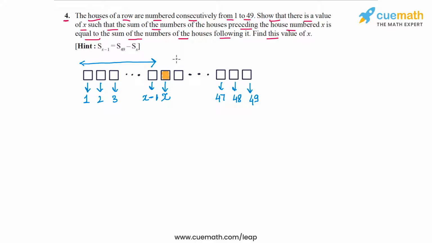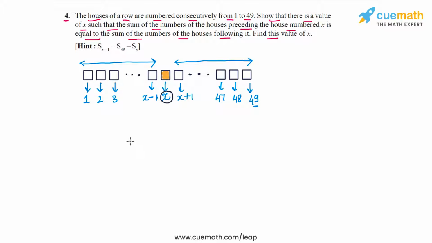And then if we take all the houses after x, so if we start from x plus 1 and go up to the last house, which is number 49, and if we take their sum, these two sums should be equal. So we have to show that there will exist such a number x, and we have to find that number.